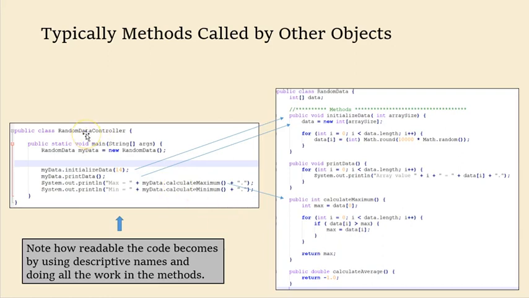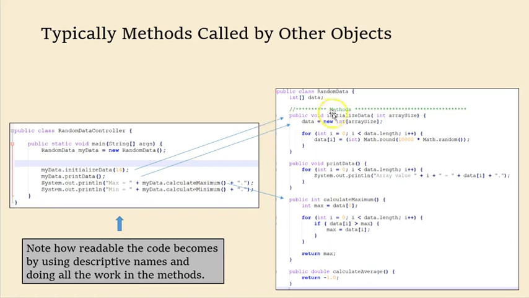Over here we have another class, and the way this works is this class is actually going to call these methods. We'll do examples of that in the camp today. This is where object-oriented programming is really powerful: objects that interact with each other.